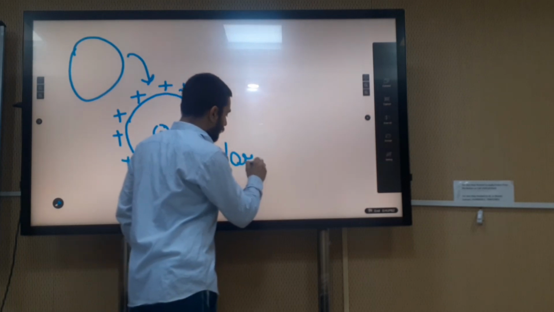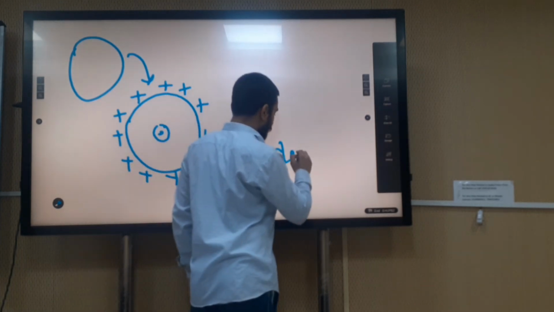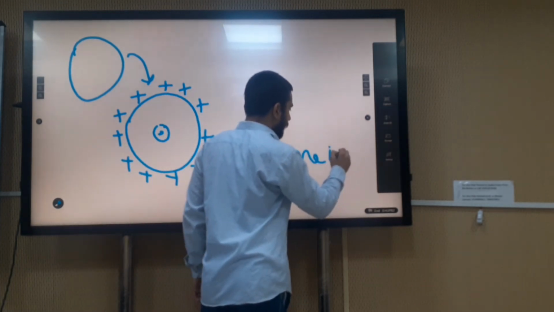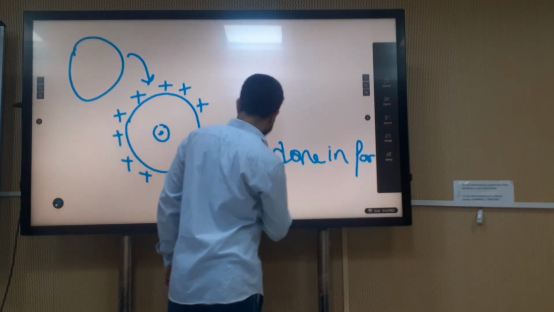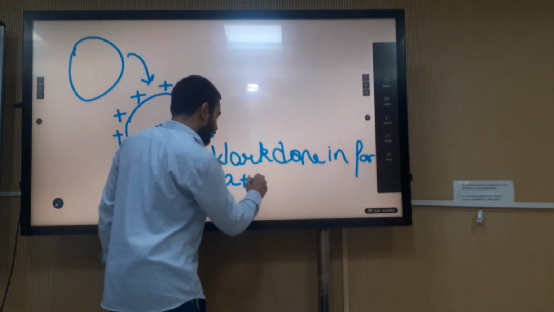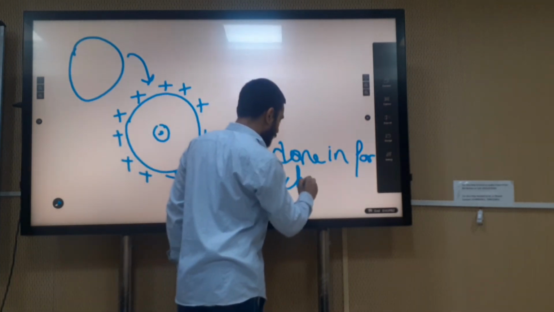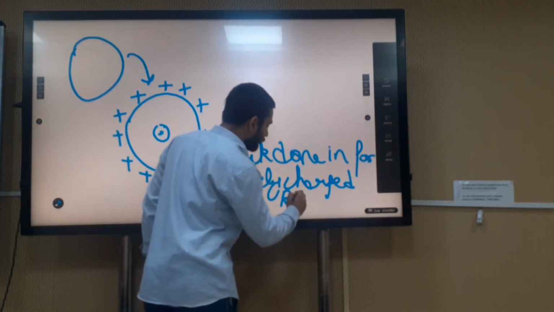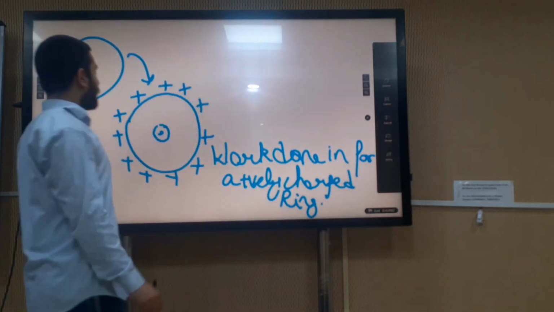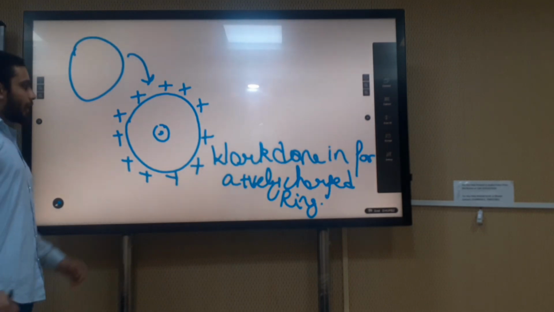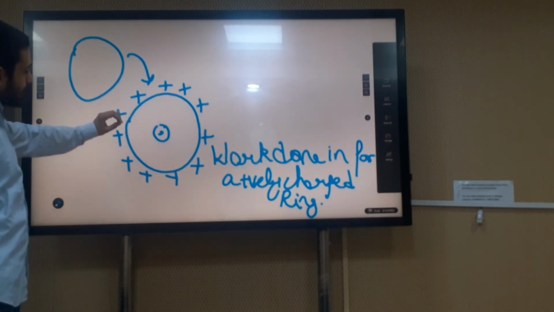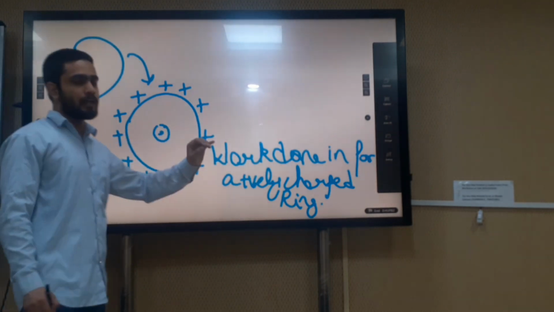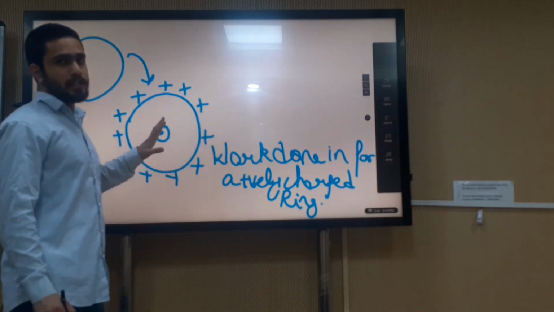Work done in forming a positively charged ring. Okay, so what is the work done in forming this positively charged ring? Okay, so as I have told, in forming this assembly of positively charged ring, the work done is equal to the change in potential energy.